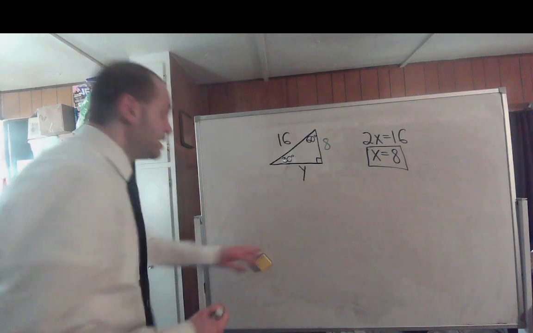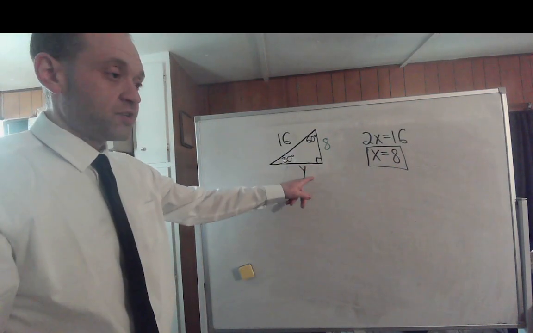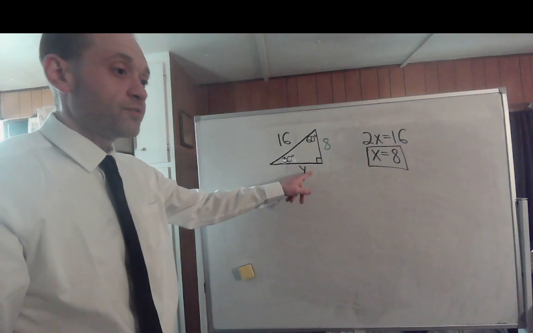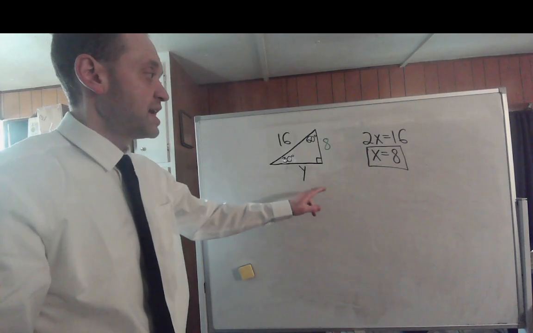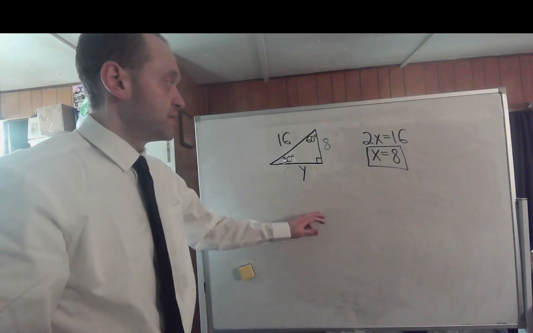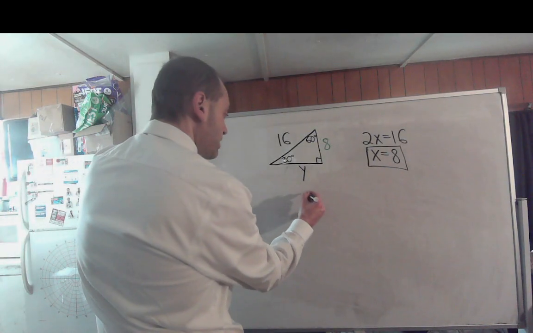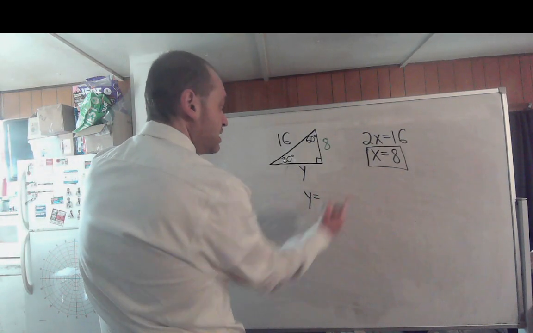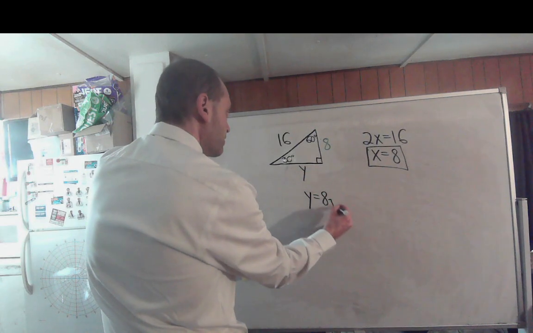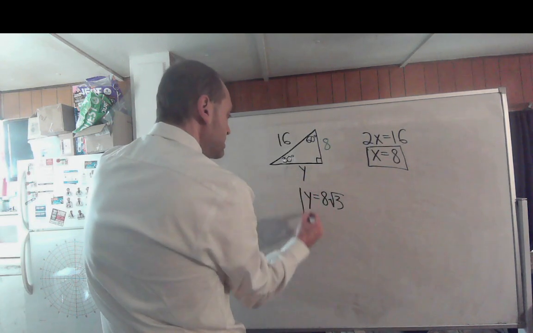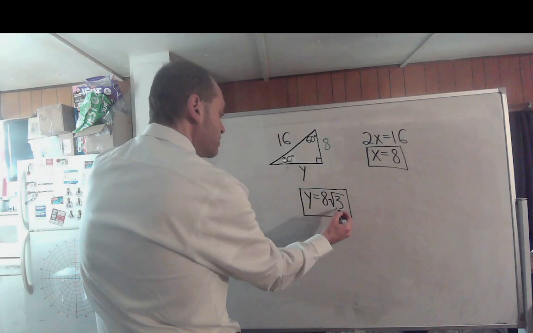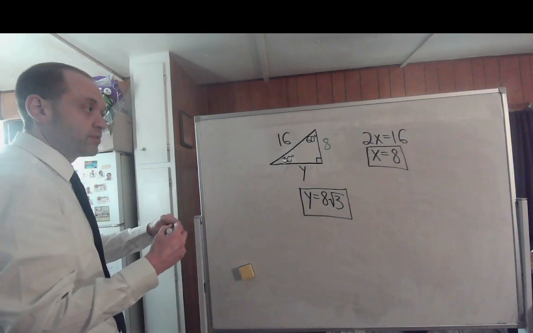And then now the side opposite the 60-degree angle is the square root of 3 times as large as the side opposite the 30-degree angle. So that means that y is literally going to be equal to that 8 times the square root of 3. So that would be your length for y. It's going to be 8 times the square root of 3.